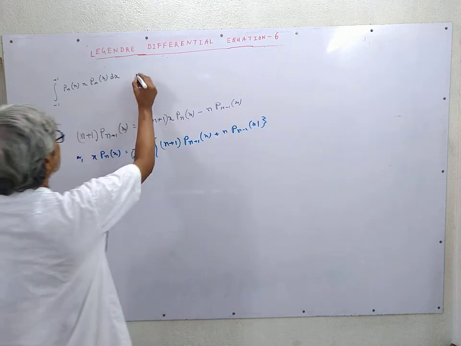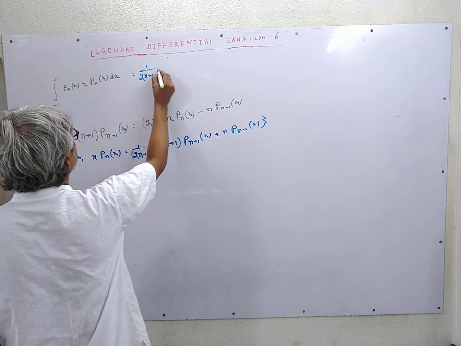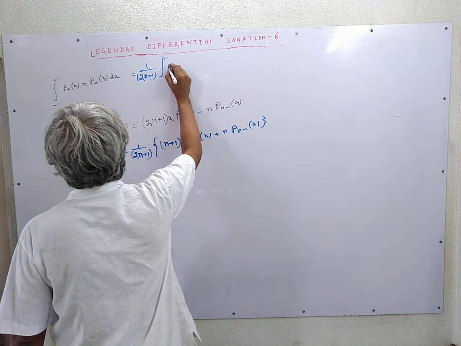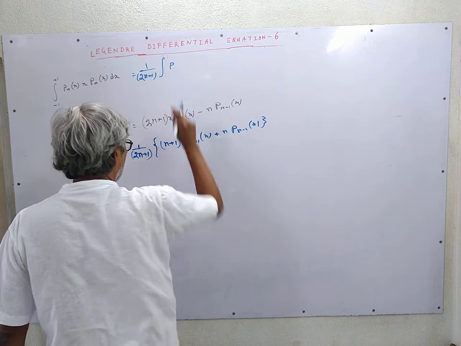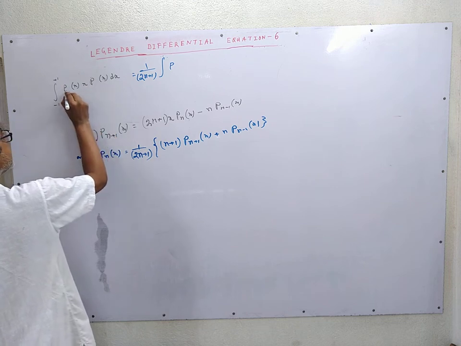If we substitute this, we get 1 upon 2n plus 1 taken out. Then, to use this expression directly, we just interchange between these.